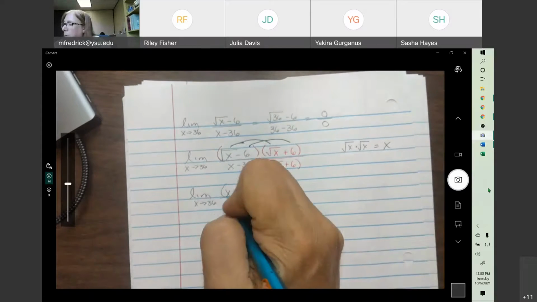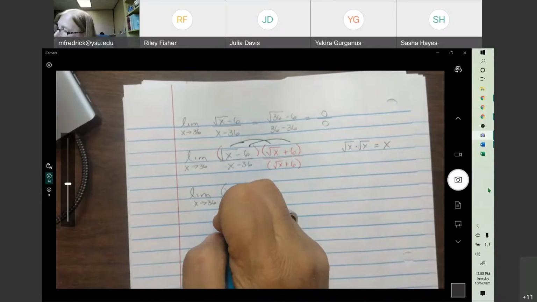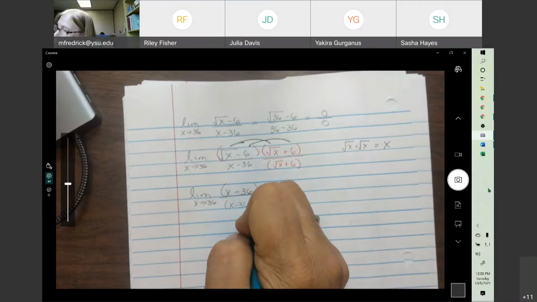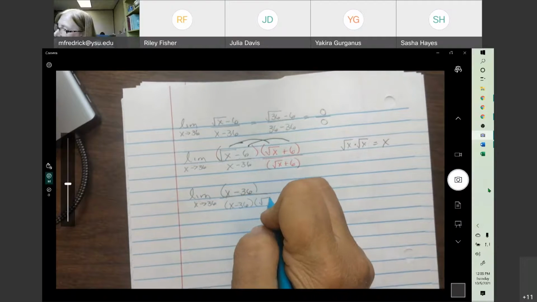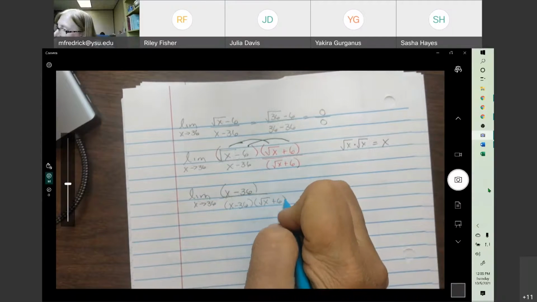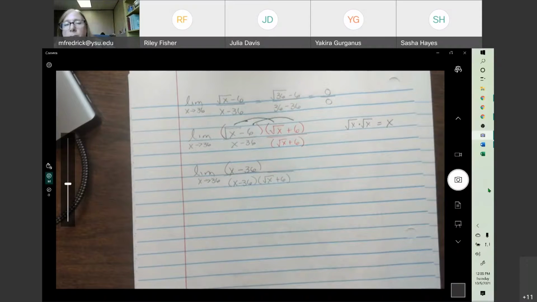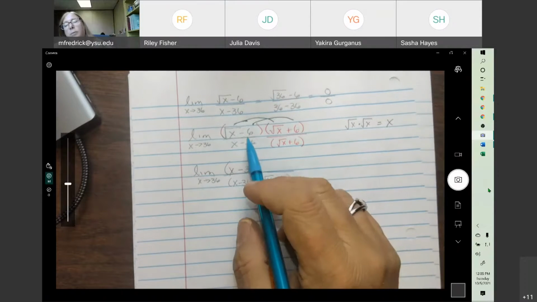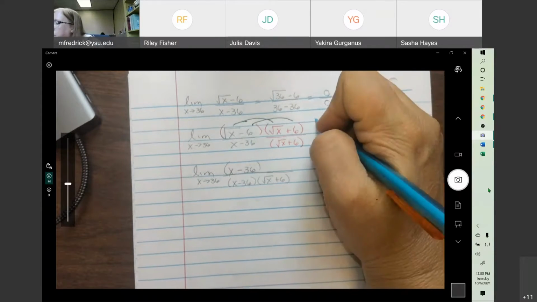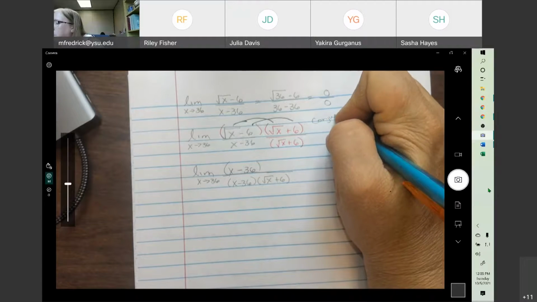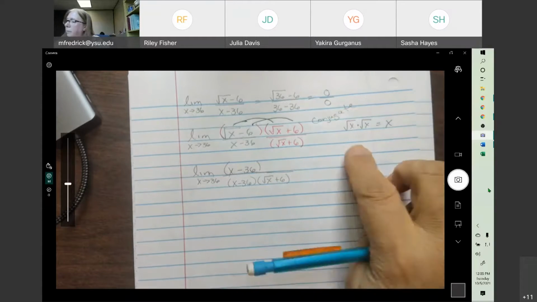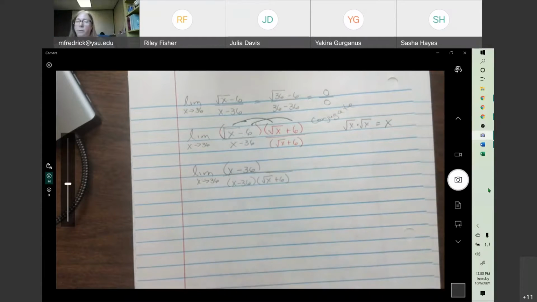On the bottom, we're not going to multiply it out. We have the x minus 36 times the square root of x plus 6. So we multiply by the conjugate, which means you don't have to worry about the middle terms. They're going to cancel. You'd have 6 square root of x minus 6 square root of x.